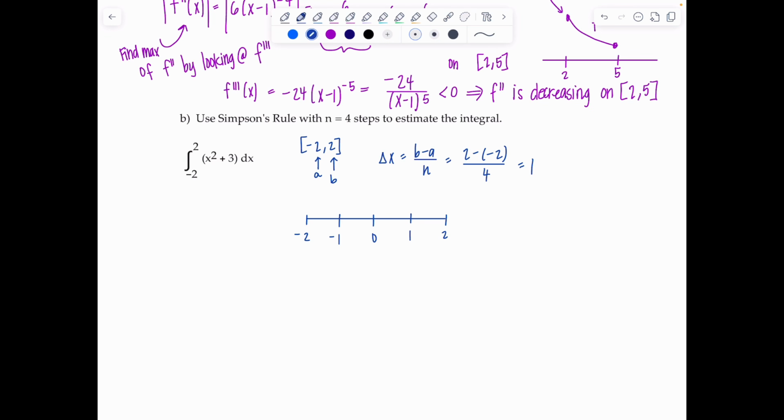And then you just got to remember the setup. So Simpson's rule with n equals 4 is delta x times 1/3 times, and then we would have 1 times f of negative 2 plus 4 times f of negative 1, and then it alternates the 4's and the 2's. But it always goes 1 and then 4 first. 2 times f of 0 plus 4 times f of 1 plus f of 2.